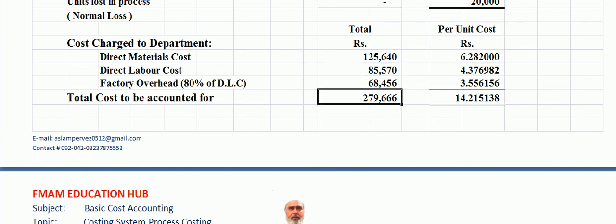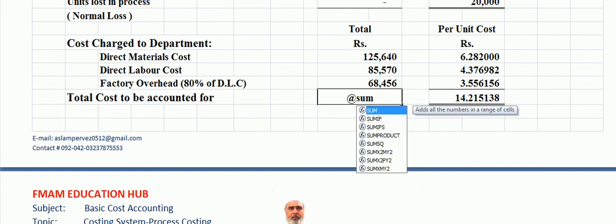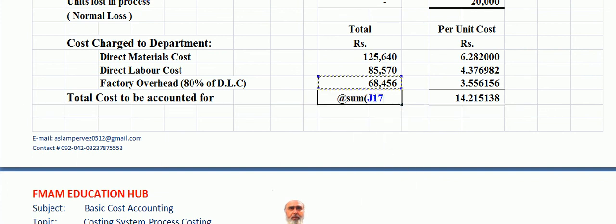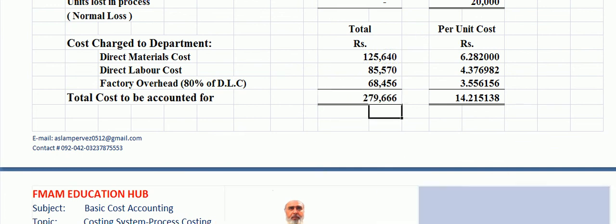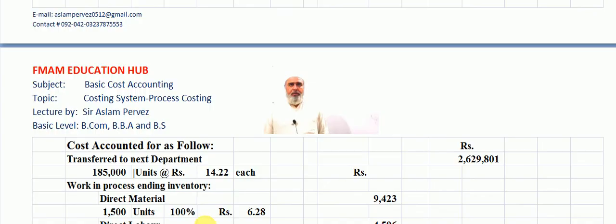Now we add again this sum. Triple six. Students, the mistake is here. This is the 18,500. Note this is the mistake here.